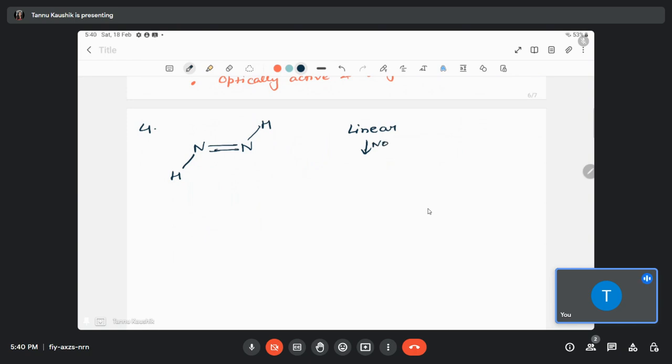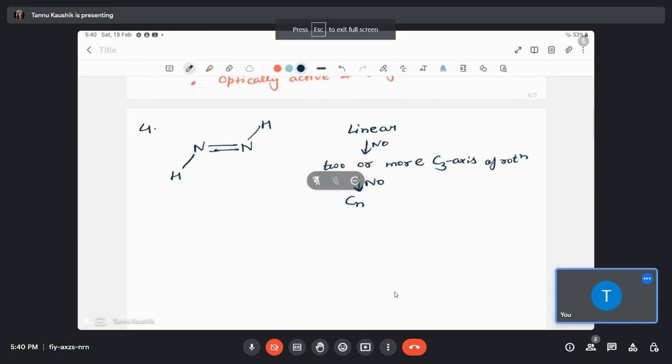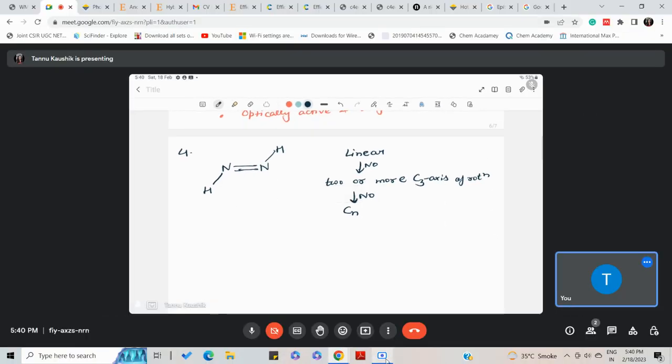Then 2 or more C3 axes of rotation are not present. Okay. Do we have a proper axis of rotation? Just a minute. Let me check whether it's happening or not.